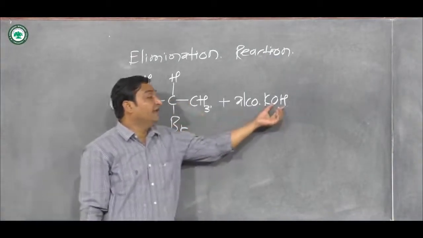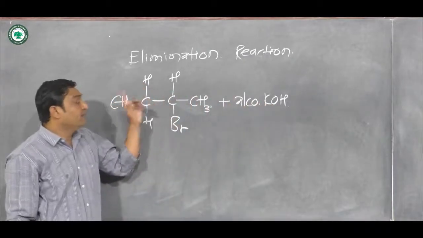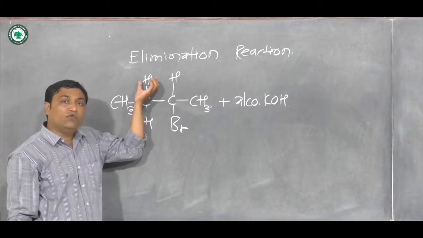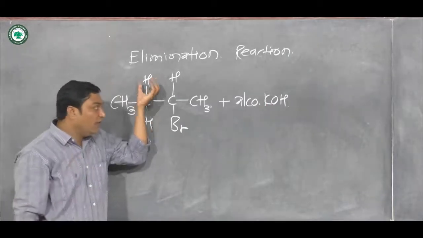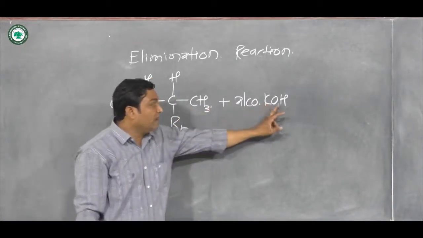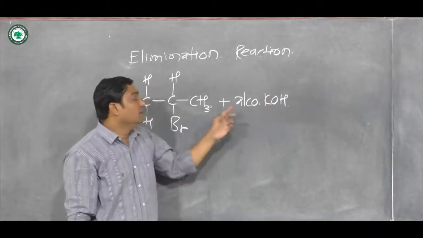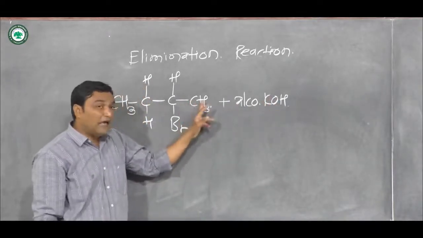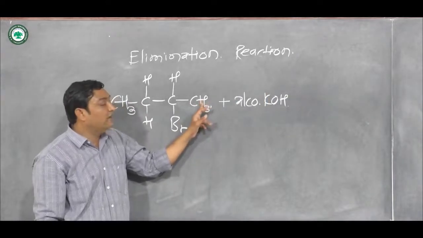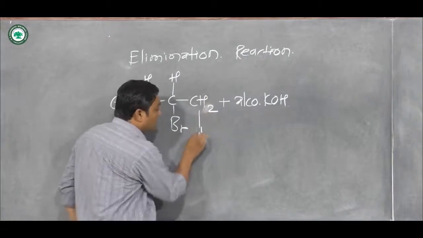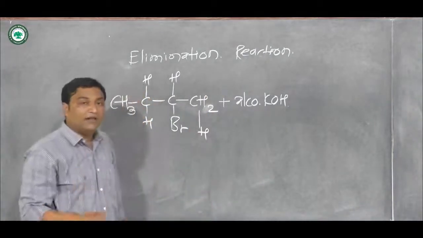This OH negative will abstract this beta hydrogen atom to form one product, whereas in another case, the OH negative will abstract this other beta hydrogen atom to form another product.